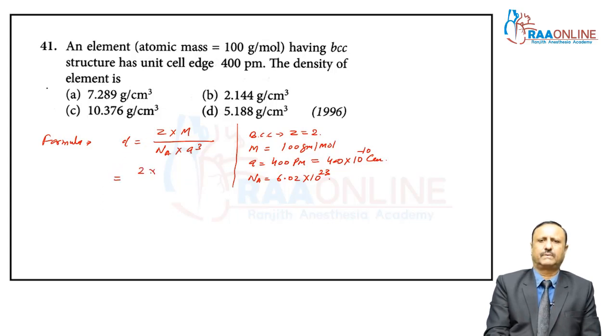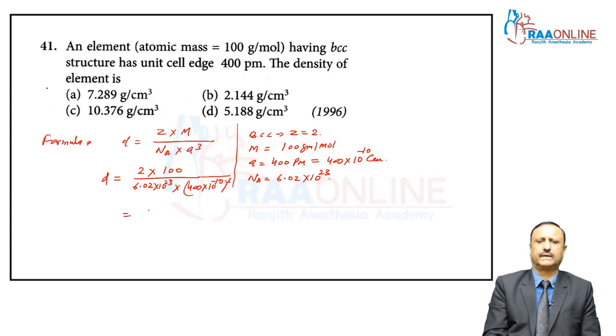Now, my dear students, you can put these values in this formula and get the answer. 2 multiplied by the molar mass, that is 100, upon Na, 6.02 into 10 to the power 23, multiplied by a cube. A is 400 into 10 to the power minus 10, whole cubed. So you can calculate the density, and you multiply these with each other, 400 and 10 to the minus 10.